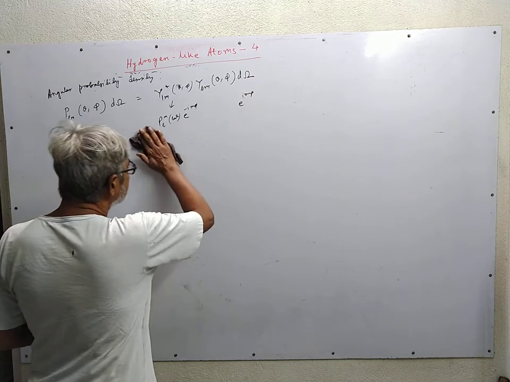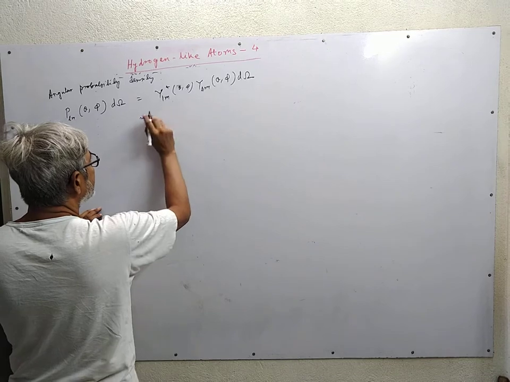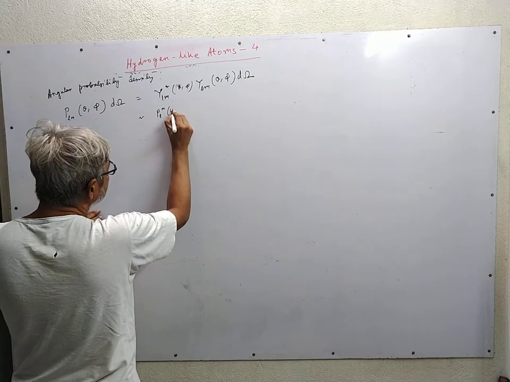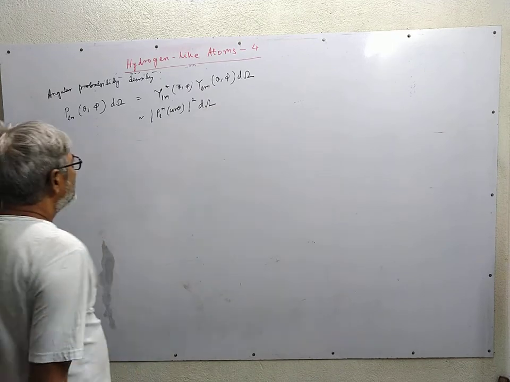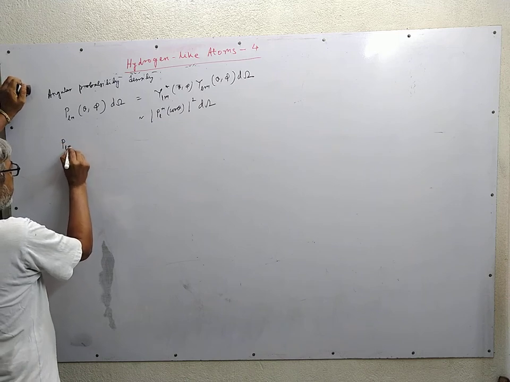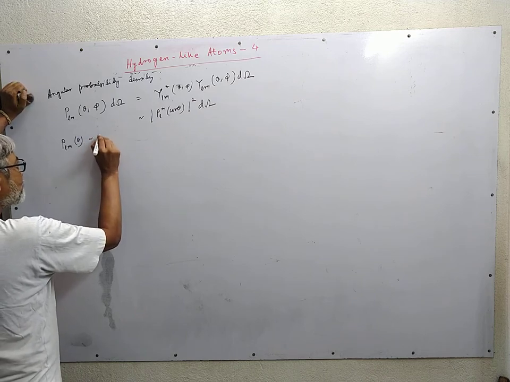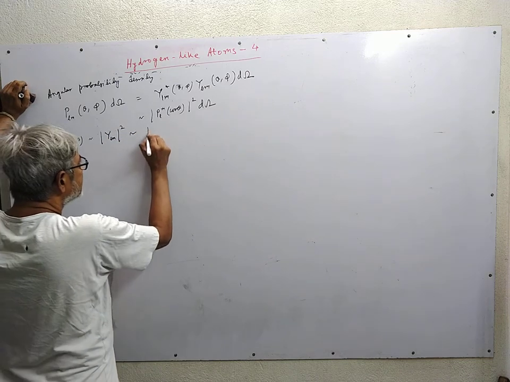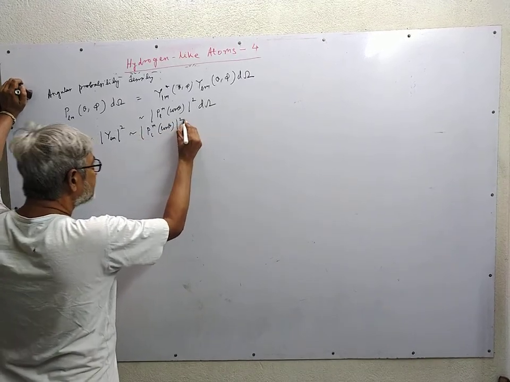Now we consider a few special cases. So basically this is P_lm of cos theta squared times d omega. So the angular probability density function P_lm of theta has no phi dependence; it is basically Y_lm modulus squared, which is P_lm cos theta squared.